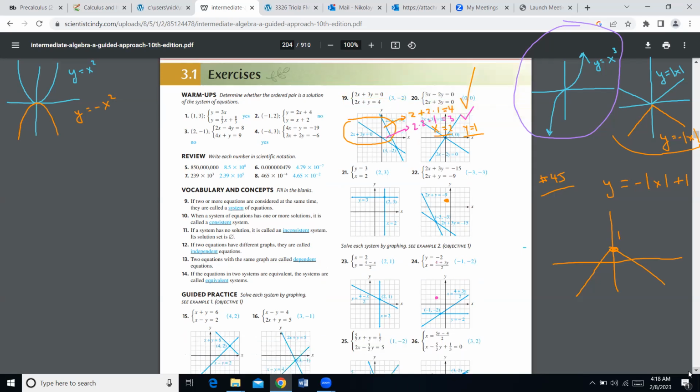So let me try to actually see how they do a problem like exercise number 15. And here they have a pair of lines graphed. I hope you see the graphs down below. The graph of the first one, x plus y is equal to 6, is the one here.